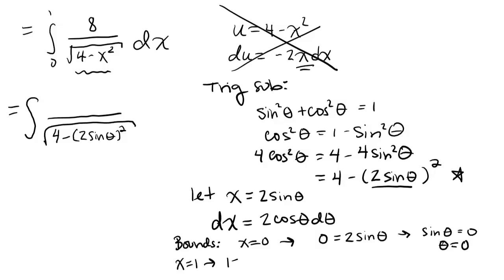That's going to look like 1 equals 2 sine theta, or sine theta equals a half. If I think about my smallest non-negative solution to that, thinking about our reference triangles or our reference circle, we're looking for sine theta to be a half, which means we need it to be the lower of the two angles. It should be shorter than it is tall. So theta is pi over 6.